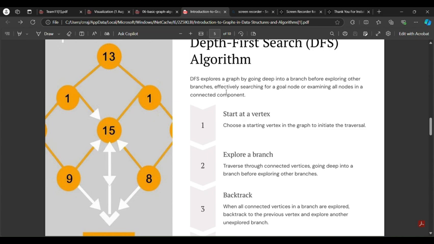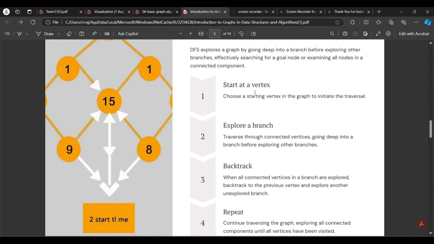Start vertex: choose a starting vertex in the graph to initiate the traversal. Explore the branch, traversing through the connected vertices, going deep into a branch before exploring other branches.